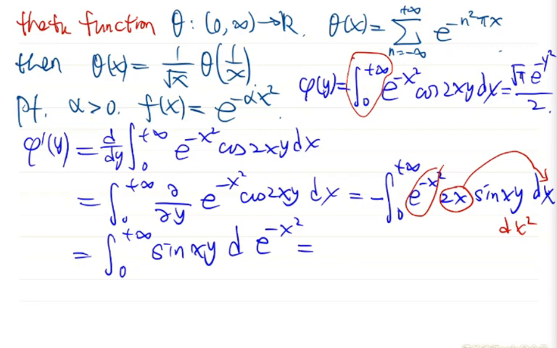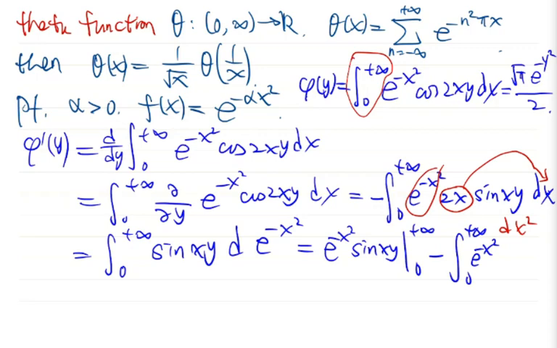then integrating by parts. This gives us exponential minus x squared sine xy from 0 to positive infinity, minus the integral from 0 to positive infinity of exponential minus x squared d sine xy. Okay, can this be true?